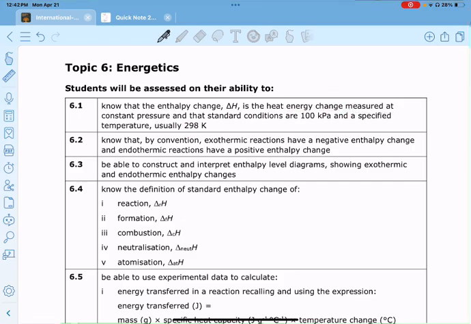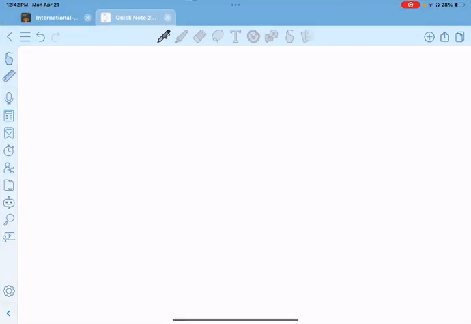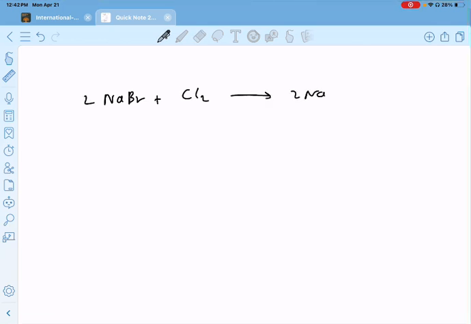Okay. So when a reaction occurs, NaBr plus Cl2, you'll form NaCl plus Br2. Okay. In this reaction, there will be a change in heat.